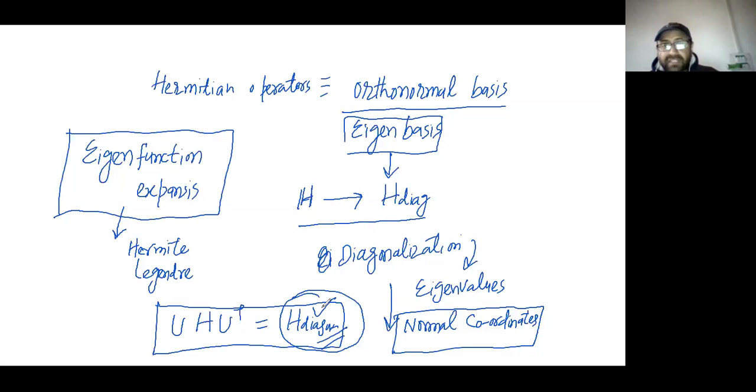One other piece which I wanted to discuss was simultaneous eigenvalue problems, because whenever we study a quantum system, we don't deal with only one operator. We have a set of operators, like in angular momentum, we have Jz and J square, or we have Jx, Jy, and Jz. Then we want to solve the eigenvalue problem for all of them.